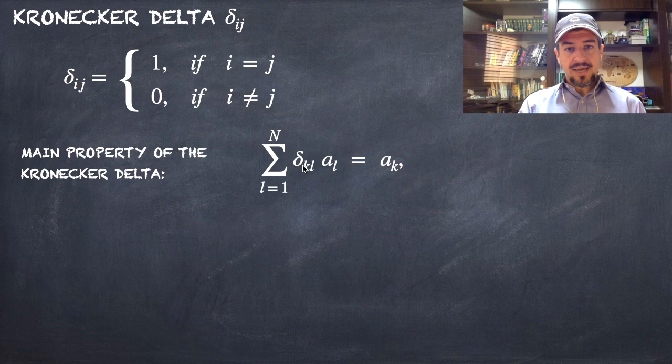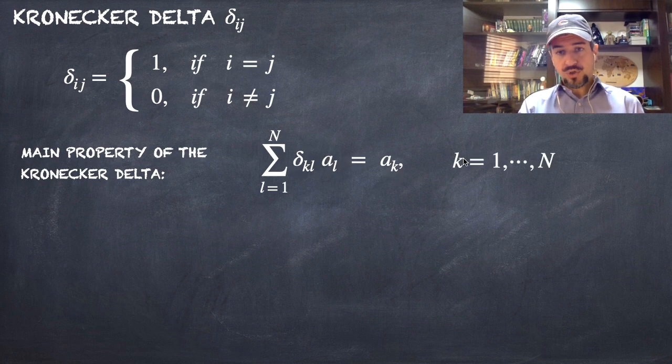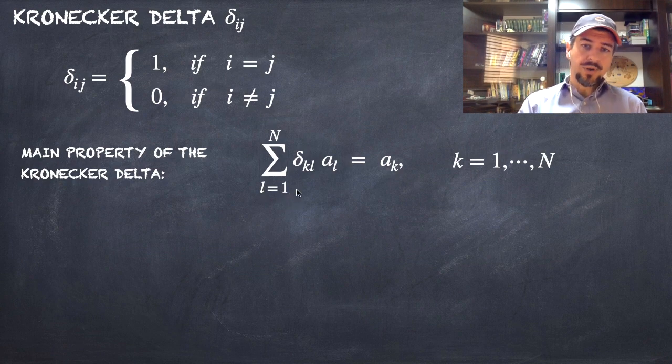So when delta_kk is equal to 1, then the result of this summation is going to be A_k. Of course, the k index goes from 1 up to n, the same interval that the index l goes.